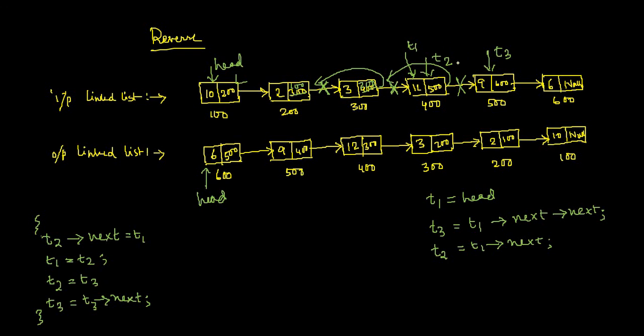That means T2 will no more point to this node, T2 will point to this node. And T3 will become T3 next. So T3 will come here. Right. So forget about the previous arrows. The current situation of T1, T2, T3 is something like this.